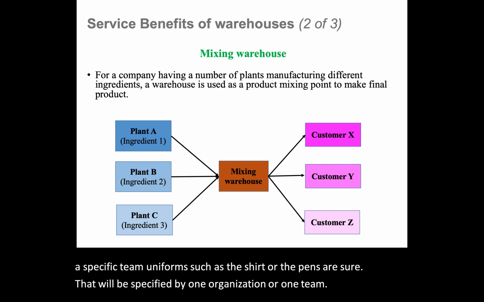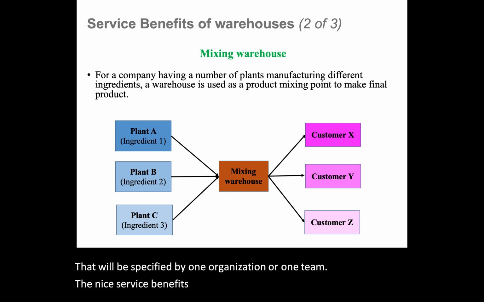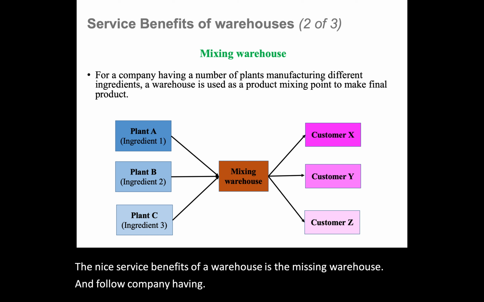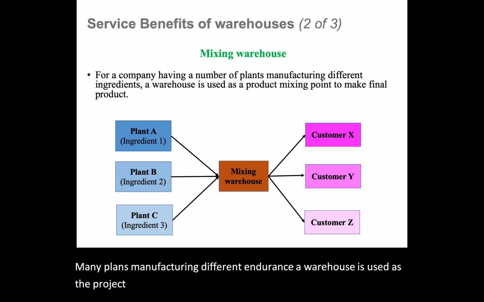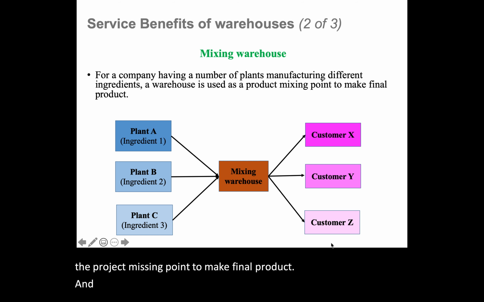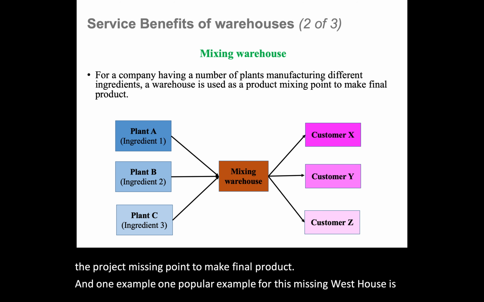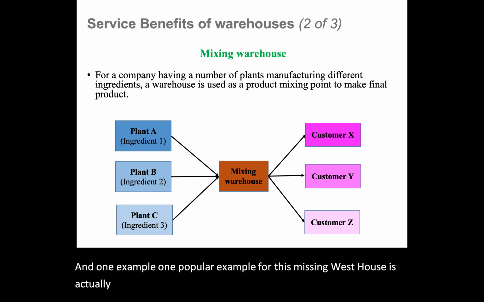The next service benefit of a warehouse is the mixing warehouse. For a company having many plants manufacturing different ingredients, a warehouse is used as the product mixing point to make the final product. One popular example of this mixing warehouse is the snack producer.